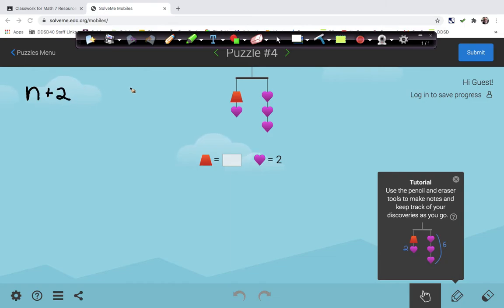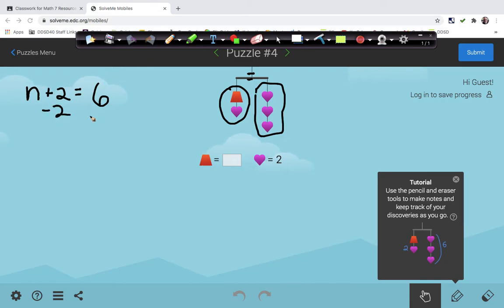So that's this side of the equation, if we call it an equation. And this equals, and this is the equals right here. It's balanced. And then we have what's over here, which is 2, 4, 6. So this really is the equation, n plus 2 is equal to 6.